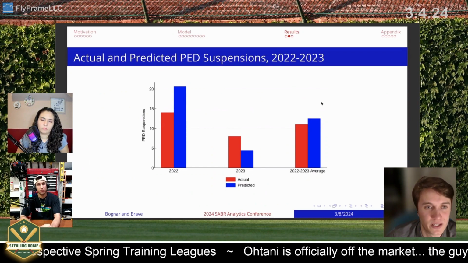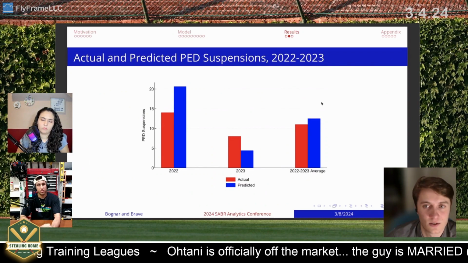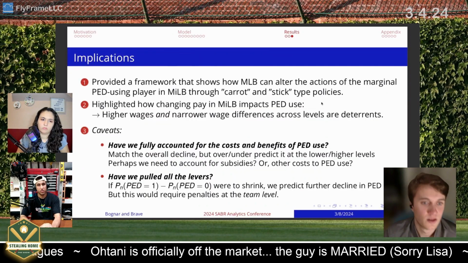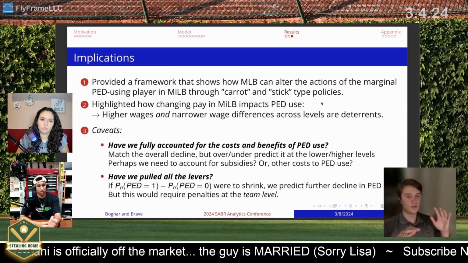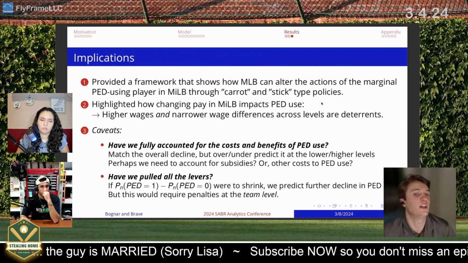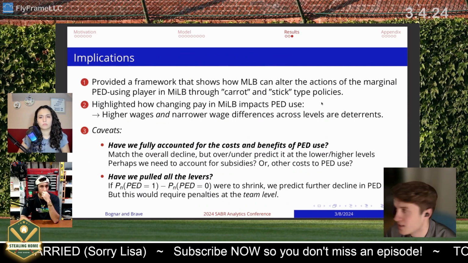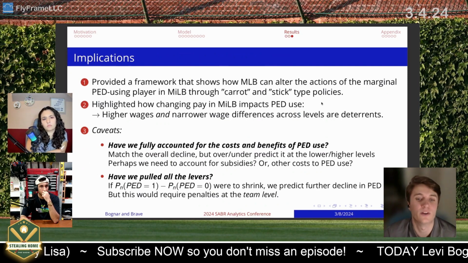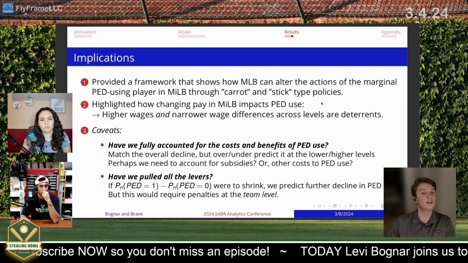And the league has really decreased this. A couple other caveats I want to get into before I wrap up here. Of course, with any econ model, somebody can ask, have we really fully accounted for the costs and benefits of PED use?